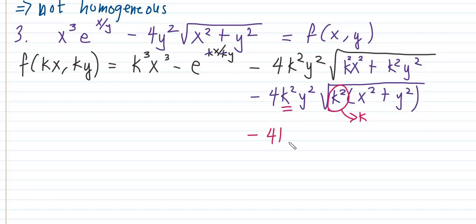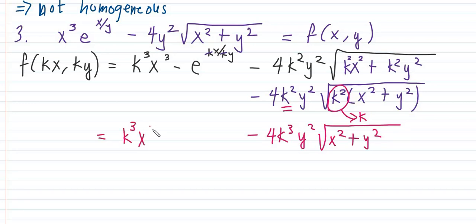So it will be 4k cubed times y squared times the square root of x squared plus y squared. So our function is now k cubed x cubed times e raised to x over y. I put a subtraction there, but that's multiplication.